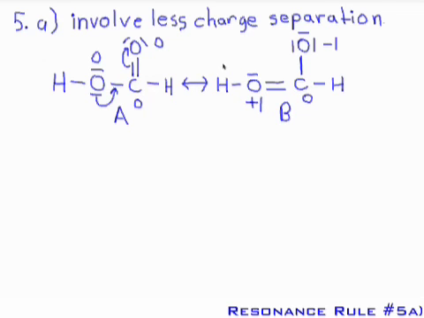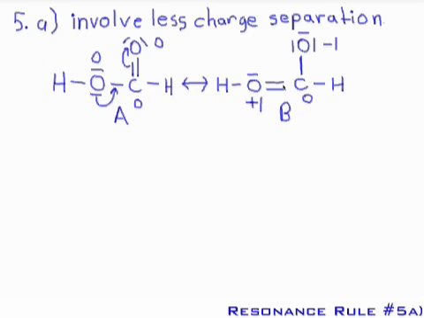Now notice what our rule states. It says the more important structure involves less charge separation. The reason for this is it takes energy to separate charge because charge is attracted to each other. Plus attracts minus. The left-hand structure, A, has no charges on any atoms.